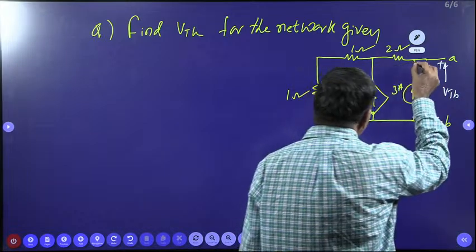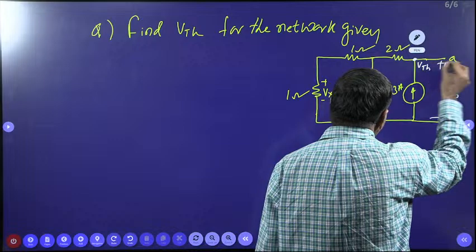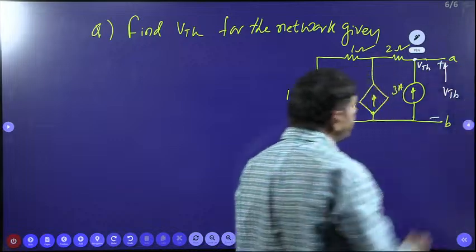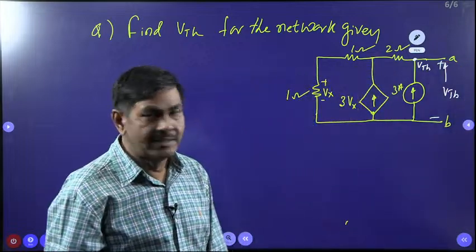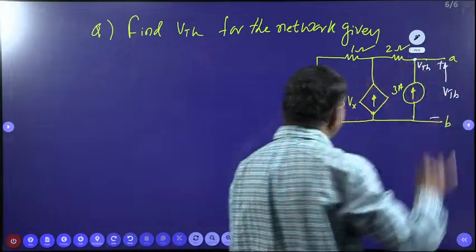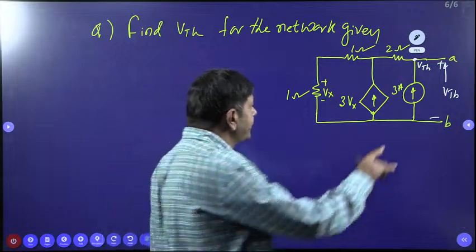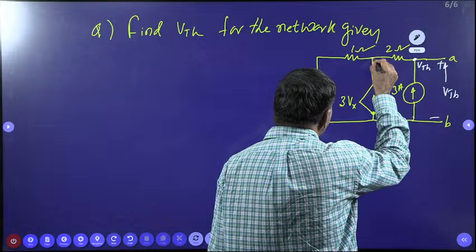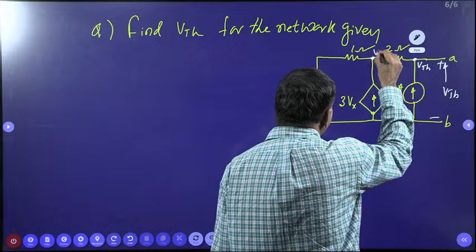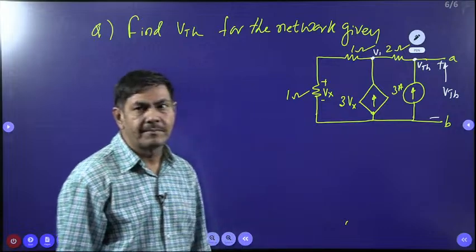And I can put this node voltage as the same VTH because we don't have any resistors or sources here. Directly this node voltage I can put as VTH only. My aim is to find this VTH. This node voltage I want to take as V1, for example. Catch my point.